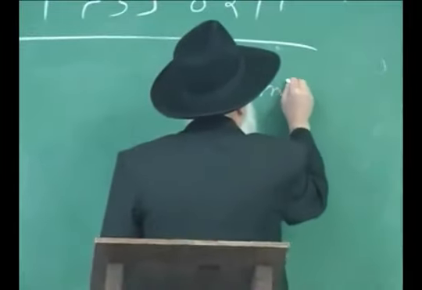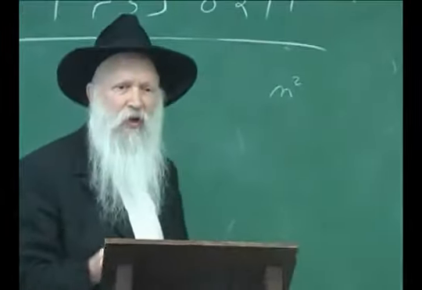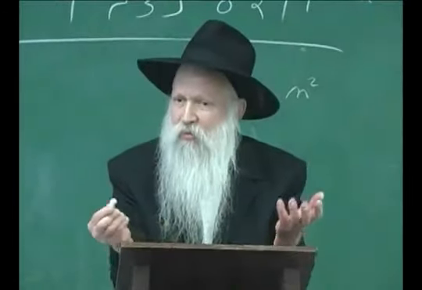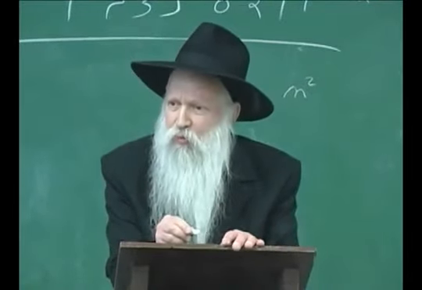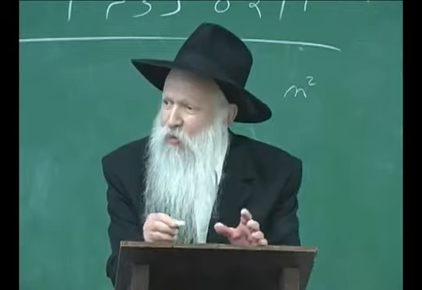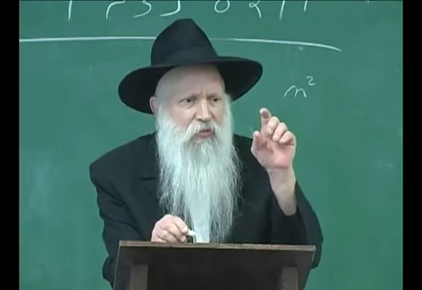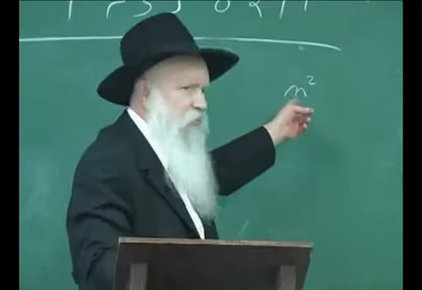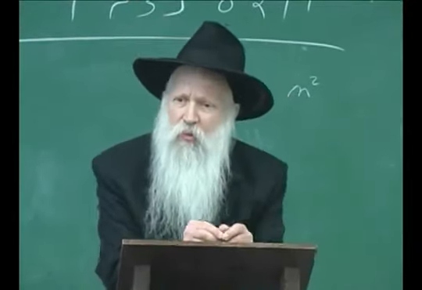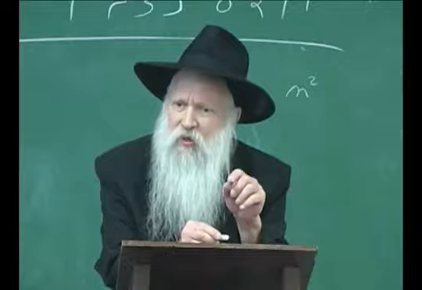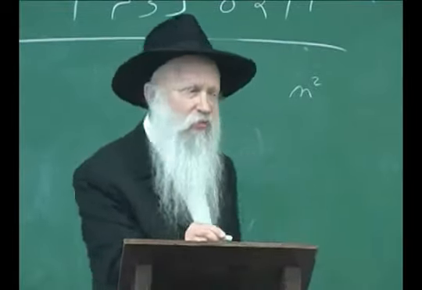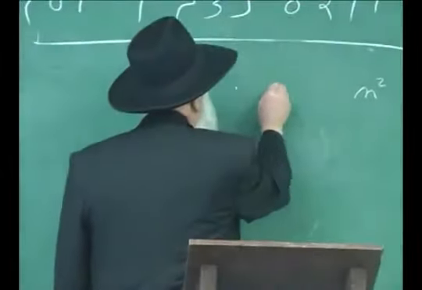If I write n squared, a person that knows algebra knows that if n happens to be 2, then 2 squared is 4, or 3 squared is 9. But not always does a person picture in his mind, when he sees this simple expression of n squared, that it actually means a square. Like if it's 2 squared, it means 1, 2, 3, 4.